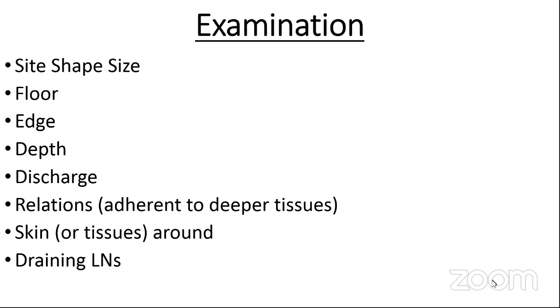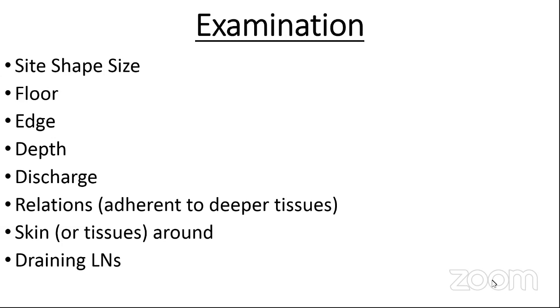You must move the limb and see which muscle the ulcer is attached to, or whether it is free. And after all these examinations, you must look at the drainage area of the limb. For the limb, it is the groin or inguinal lymph nodes you must look for.